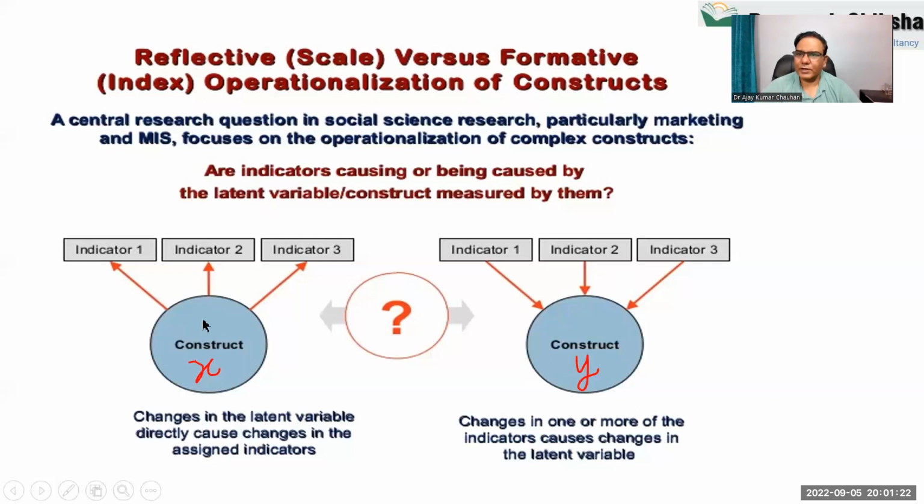This is reflective in nature and this is formative in nature. By looking at these arrows, you can tell me whether the construct is reflective: X is reflective and Y is formative. So if the arrow is towards the construct, it is formative. If the arrow is toward the indicators, it is reflective.